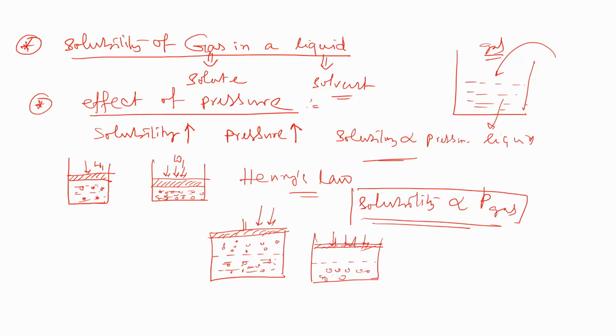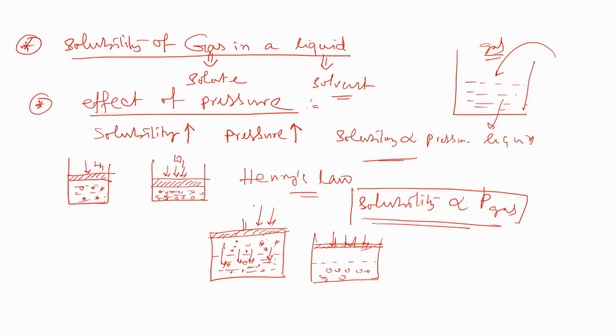So we are creating a pressure on the gaseous molecules, and these gaseous molecules go into solution in the solvent. That means these gaseous molecules are also creating a pressure on the surface of the solvent. That's why they are going into solution.